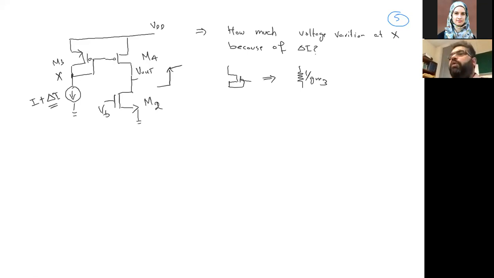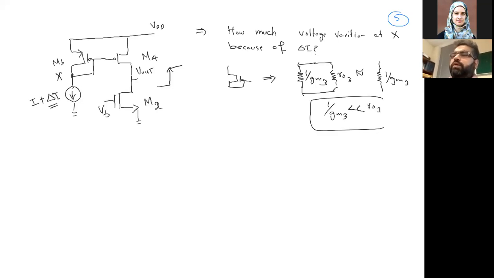If you want an accurate model, you can have an RO3 in parallel, but approximately this is going to be equal to 1 over GM3, assuming lambda is 0, or 1 over GM3 is much smaller than RO3, or GM3 RO3 is bigger than 1. Whenever we say greater than 1, a factor of 100 should suffice to cover this.